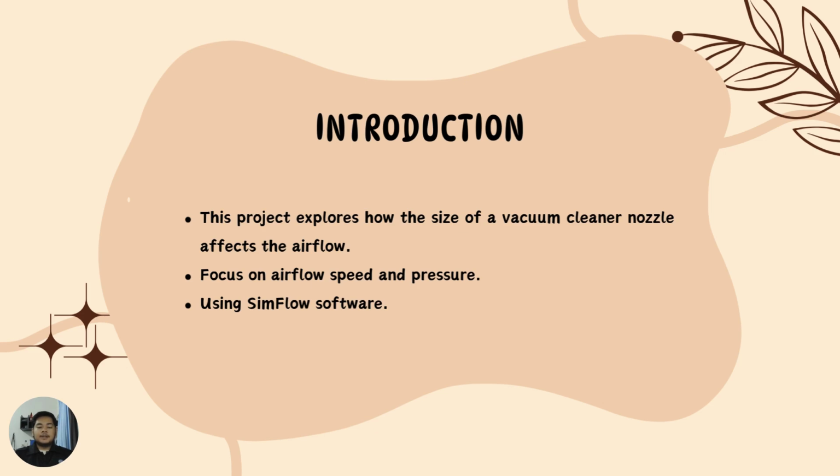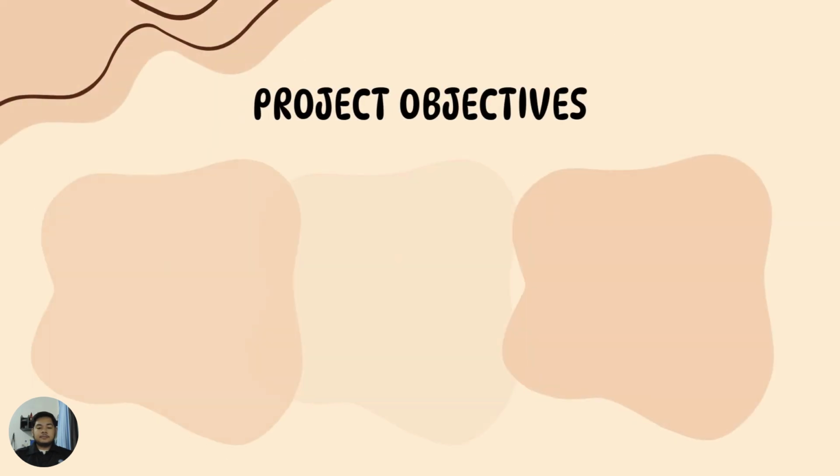By examining these two parameters, I aim to determine optimal nozzle dimensions that can enhance cleaning performance. Using computational fluid dynamics simulations in SimFlow software, I conducted a detailed analysis of airflow dynamics in various nozzle designs.